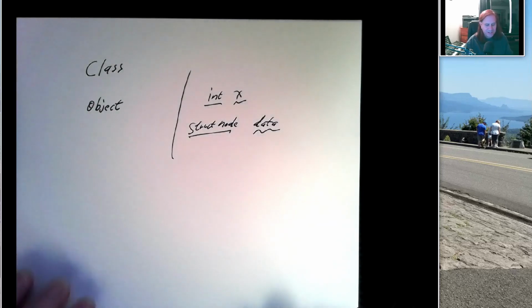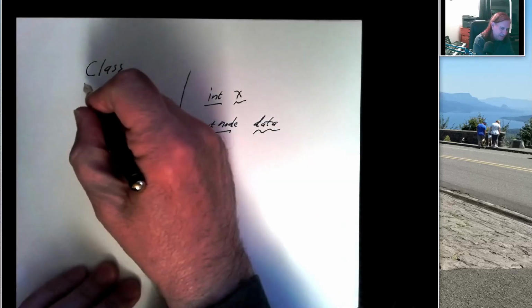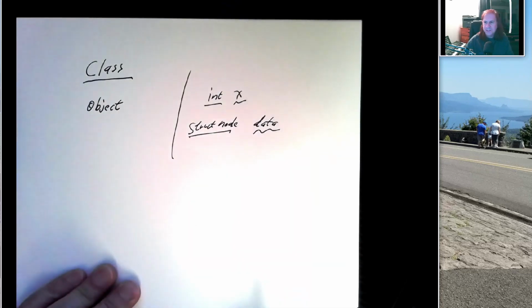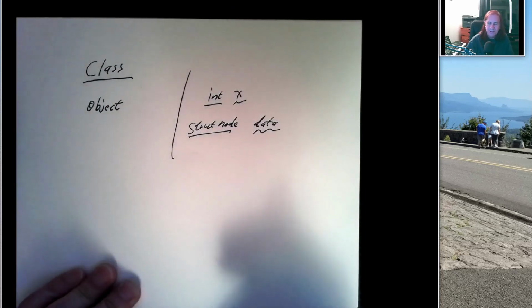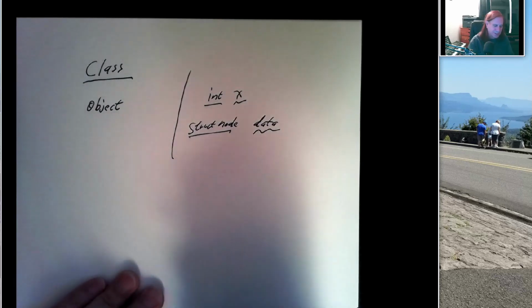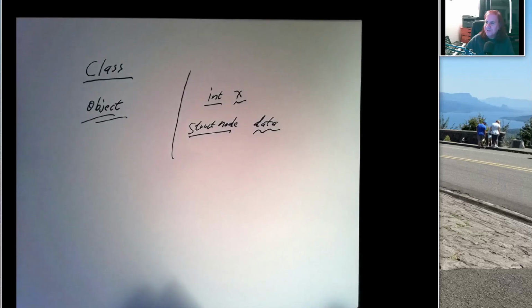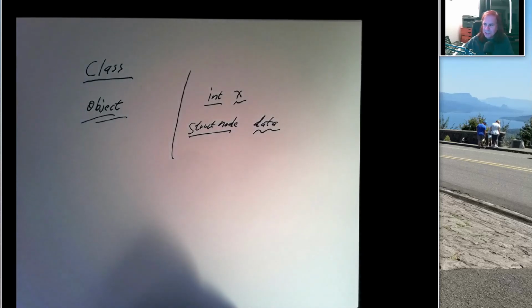If we have the blueprint for a one-story house, we could make 5 or 10 houses from that blueprint, right? So a class will describe a particular set of things, data and code, and then we can construct one or more versions of that to get one or more objects. So we're going to do some very specific examples of this in a little bit, and that should help clarify these abstract notions.